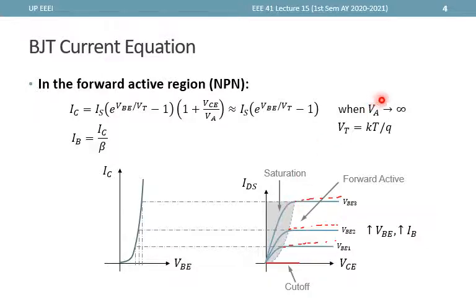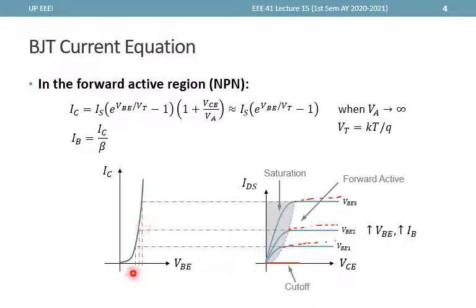And also, if we assume that VA approaches infinity, which is the ideal case, then this term simplifies to just 1 and we'll be left only with this term, which tells us that IC increases exponentially with VBE. And so we get this plot right here.